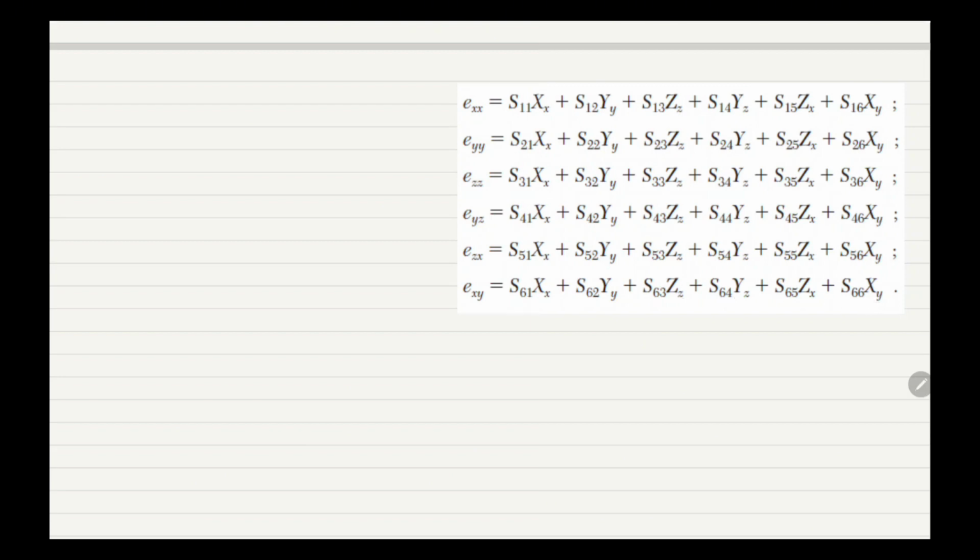In such a way, S11, S12 and so on are called elastic compliance constants, and C11, C12, C13 and so on are called elastic stiffness constants.